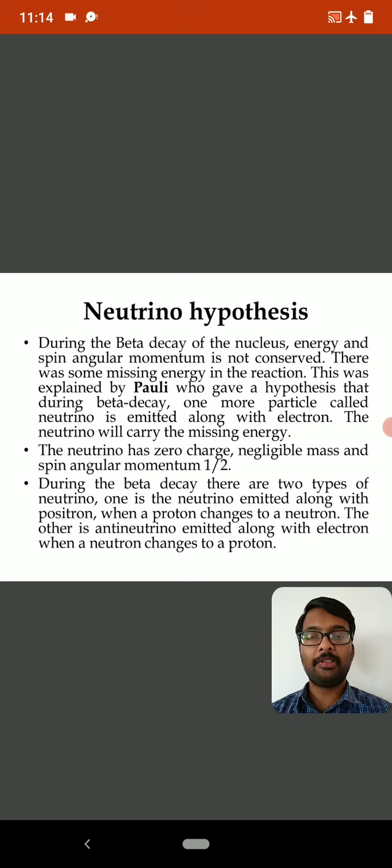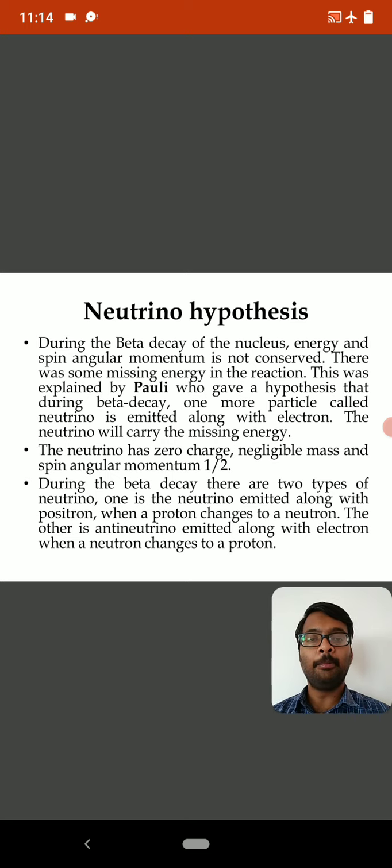We considered the example of bismuth 210 decaying through beta decay, in which the beta particle carries only 0.4 MeV of energy, whereas the total energy released is about 1.16 MeV. The missing energy, about 0.76 MeV, is carried by the neutrinos. That is the example for Fermi's theory of beta decay.